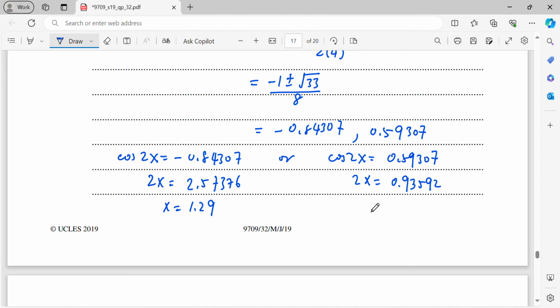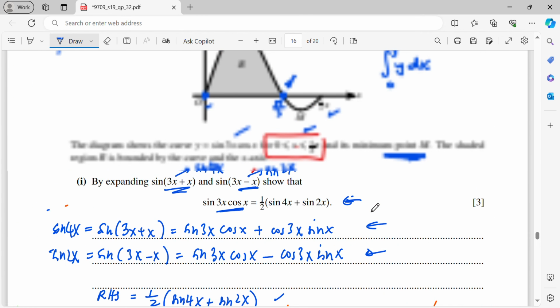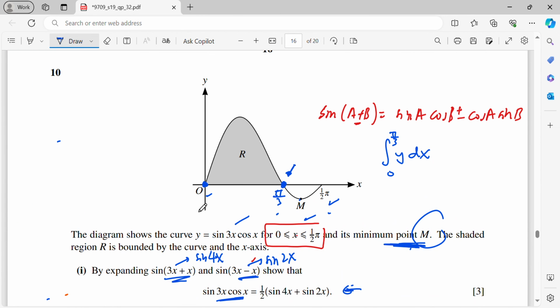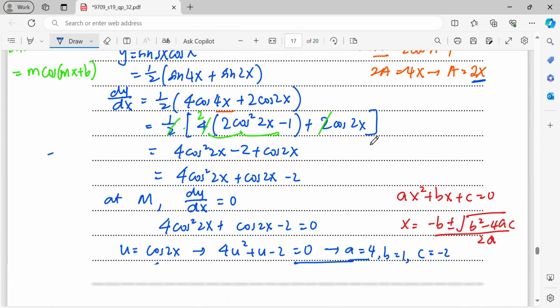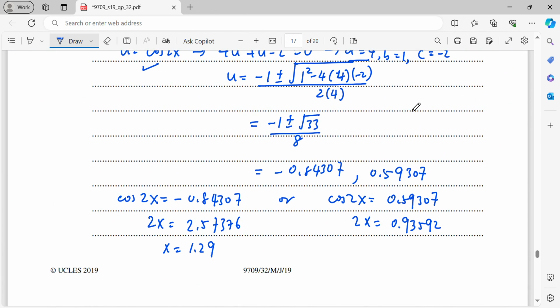Just refer to the basic angle, because from here we know that, when you look at the graph, it is between 0 and half pi for your M. So it means that it is in the first quadrant. If your x is in the first quadrant, 2x will be in the second quadrant. So in the second quadrant means that the cos should be negative, but it's okay. I will just solve this first. It will be 0.46796.